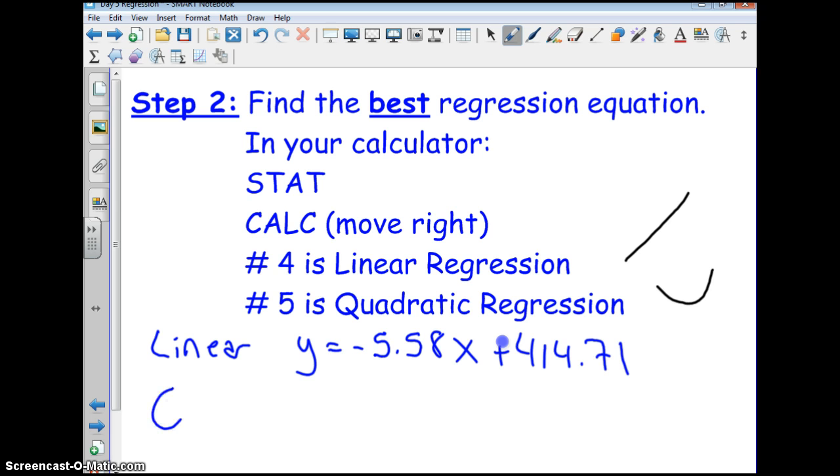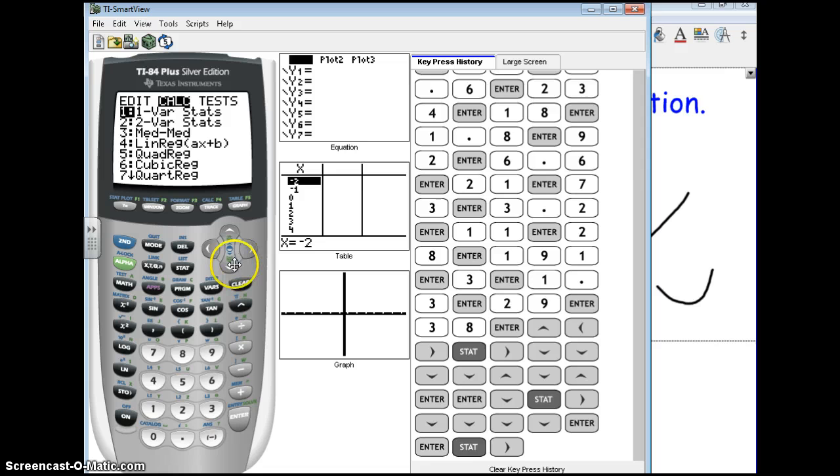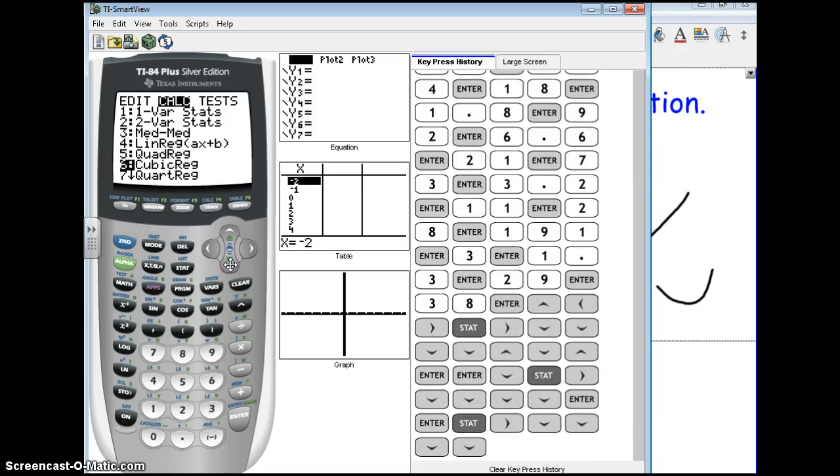Okay. We are now going to do the same thing for the quadratic. So let's go back, and we'll do the same exact steps. We're going to get the quad by going to Stat again, move to the right, Calc, and this time we're going to go down to quad reg, which is number 5.